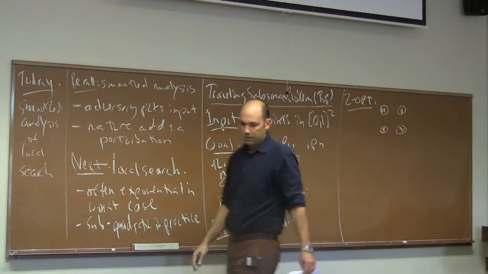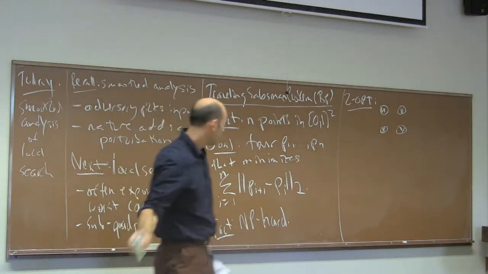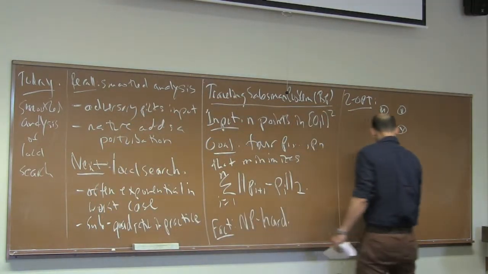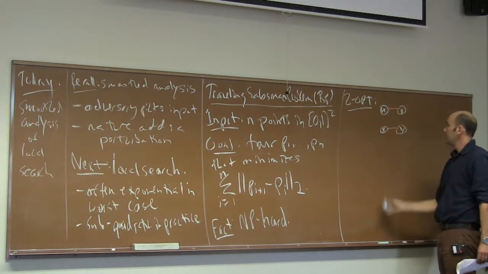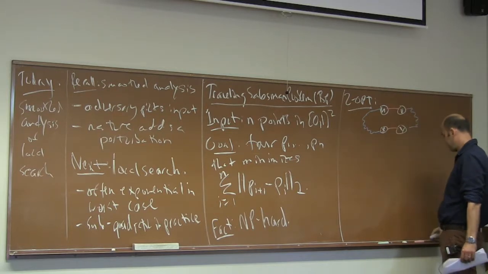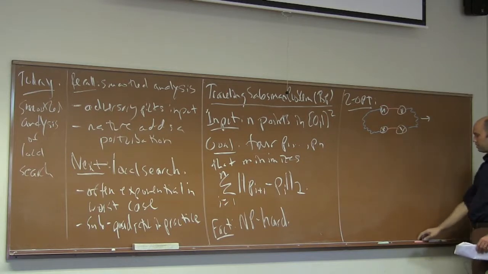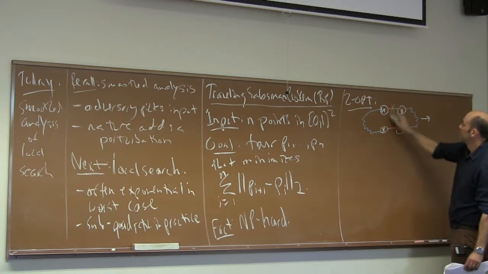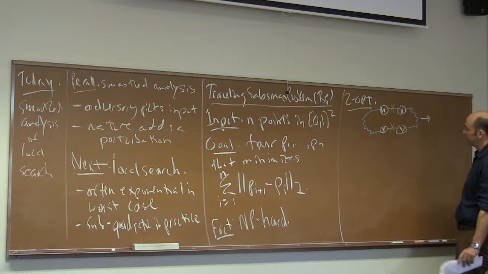if you look at two edges in the current tour, maybe at some point you go straight from U to V and straight from X to Y, and the rest of the tour is whatever it is. What you're allowed to do is cut these two links and rewire.